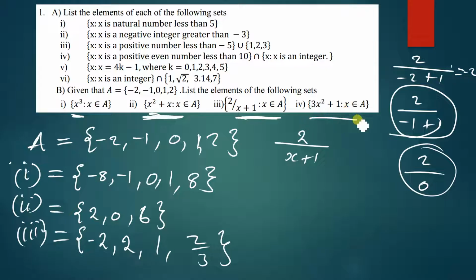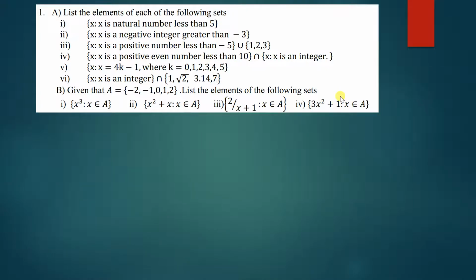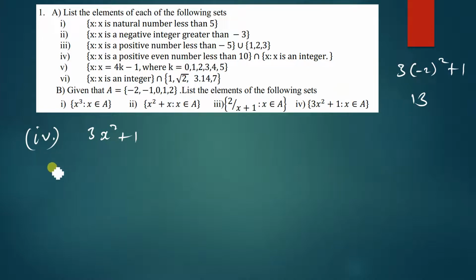Alright, let's move on to this one, the last one. So the last one is this one, and the formula is 3x squared plus 1. So while there's x, we put negative 2 squared plus 1. So we have 4 times 3, 12 plus 1, 13. So the first element will be 13.